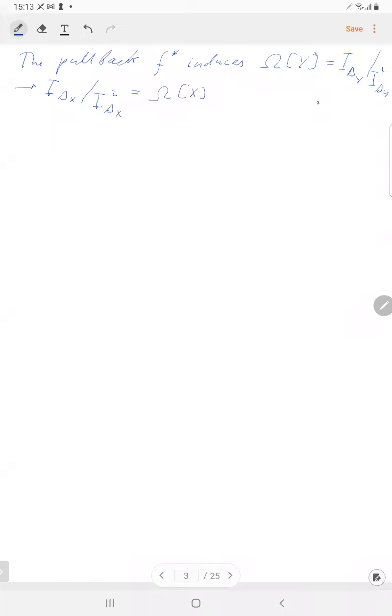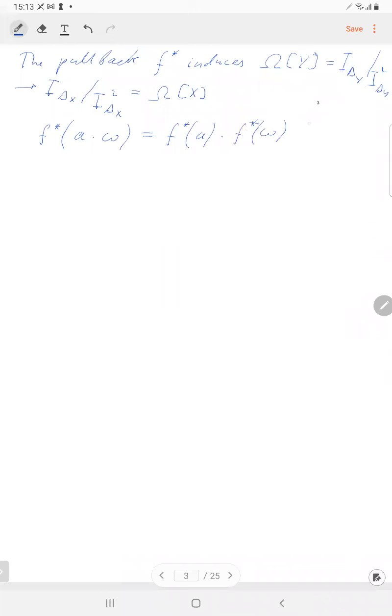And it is linear over Y. So the pullback of some function a on Y times the differential form is the pullback of the function times the pullback of the form.